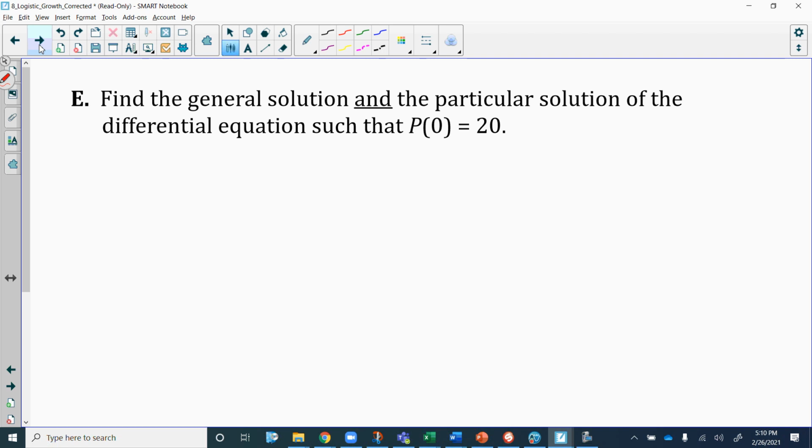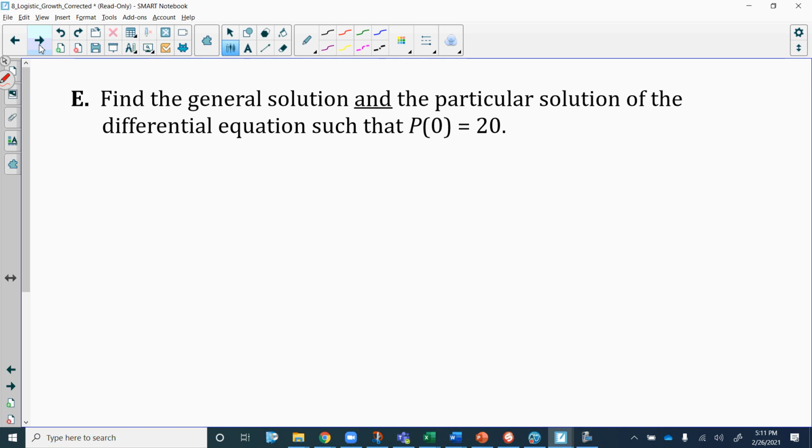So part E, find the general solution and the particular solution. In this case, the general and the particular solution are basically going to be the same thing, because it's telling us the particular solution at the initial conditions. And this is where, guys, don't hate me, I'm going to give a little bit of work, and I want to make sure that you understand why I'm doing it.